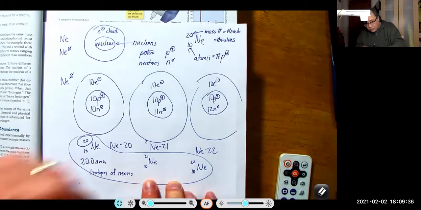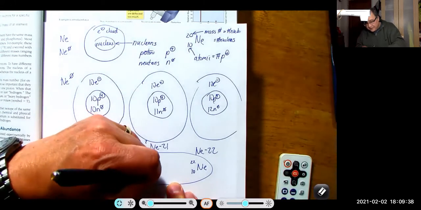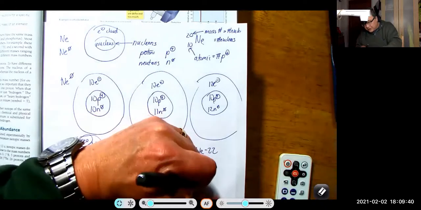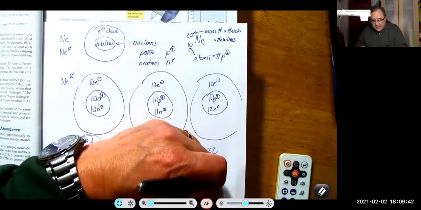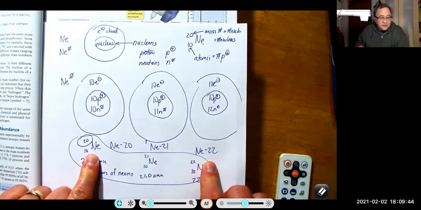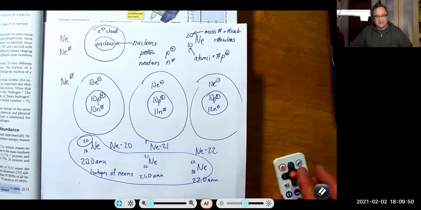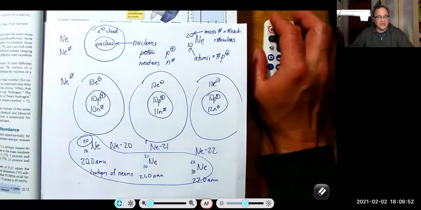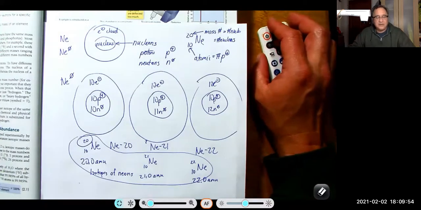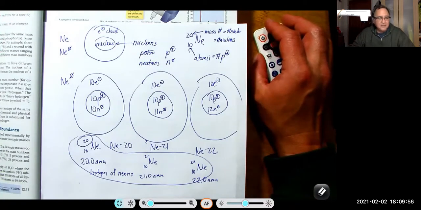This guy weighs 21.0 AMU, and this guy weighs 22.0 AMU. The mass number, which is the number of nucleons, can also be used for the mass, and that's why it's called mass number. Otherwise, we'd call it nucleon number. Because the mass is very close to the number of nucleons, we call it mass number.